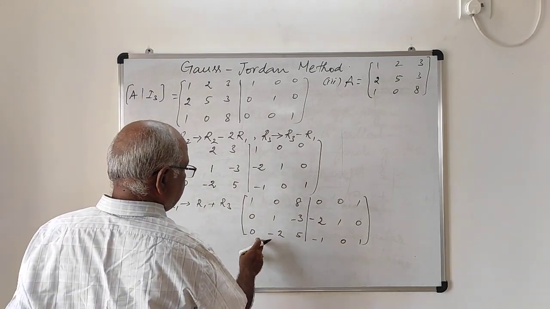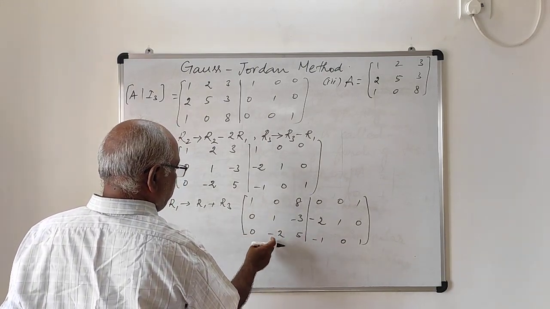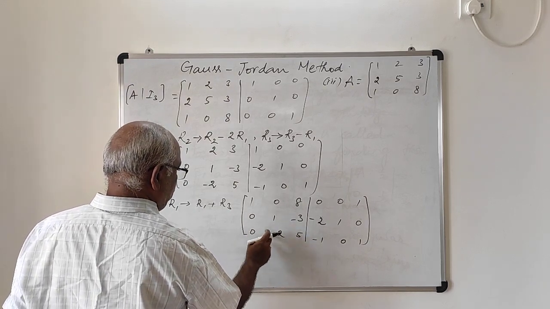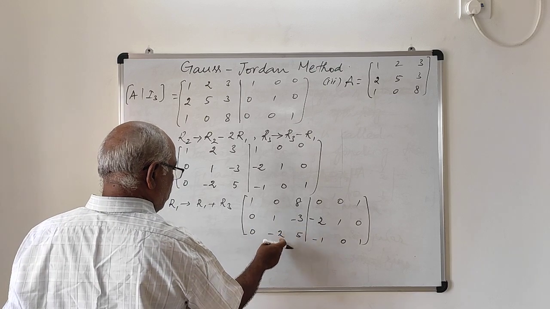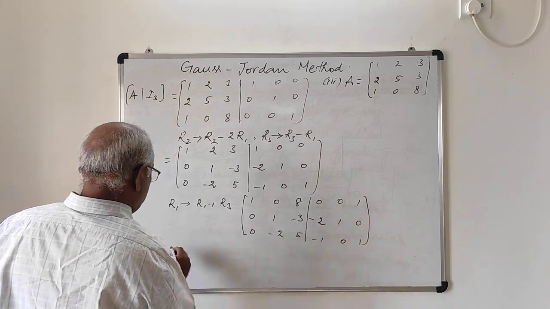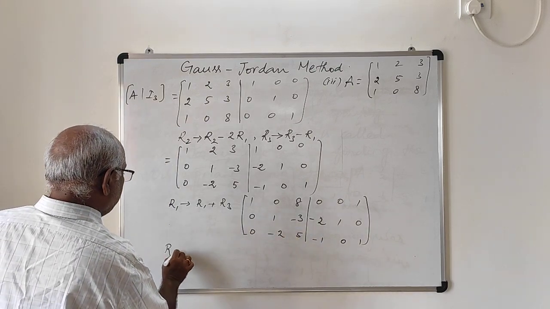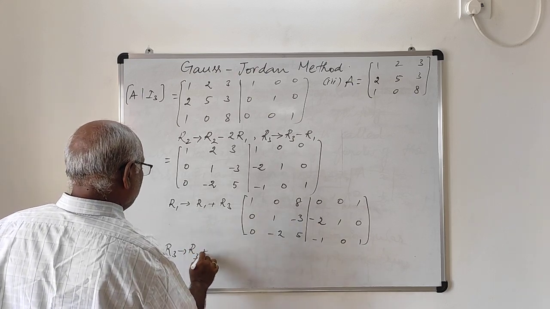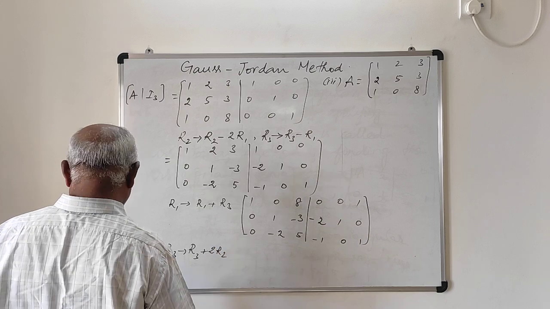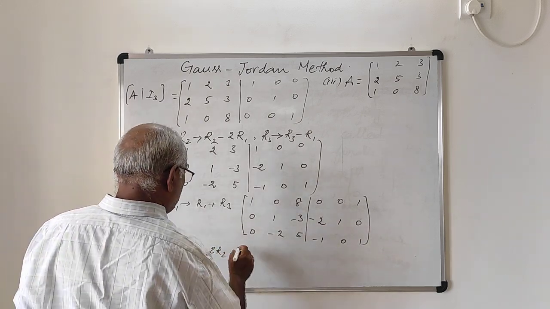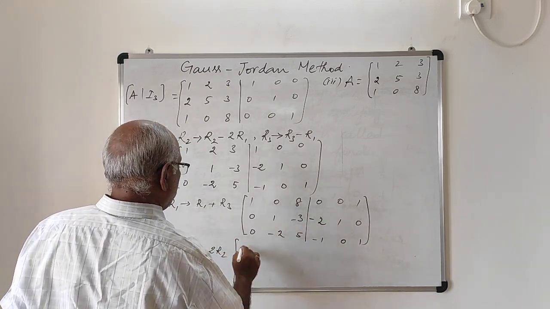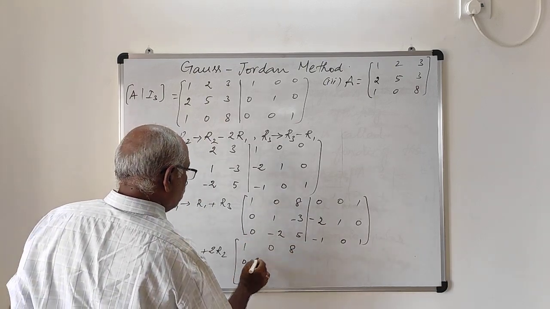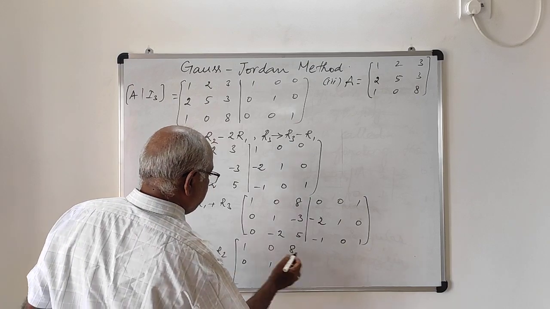R3 plus 2 R2. If you add 2 times R2 to R3, this element becomes 0. Therefore, R3 is R3 plus 2 R2. R3 we have to change, therefore R2 you write as it is.